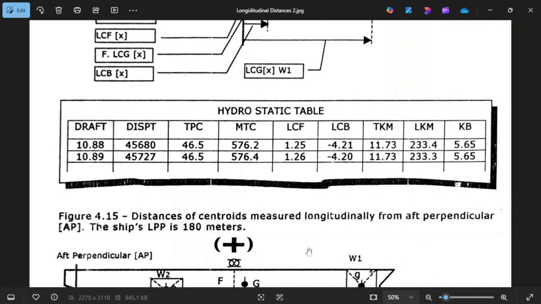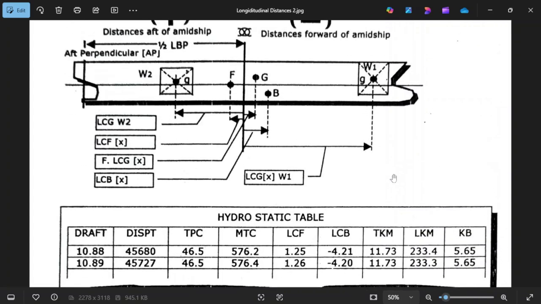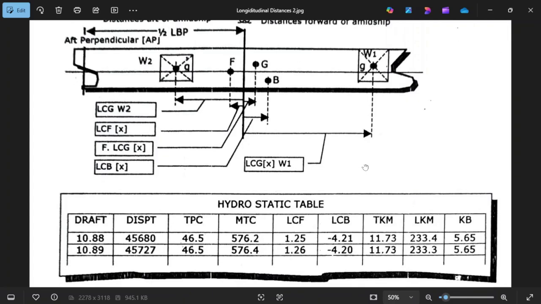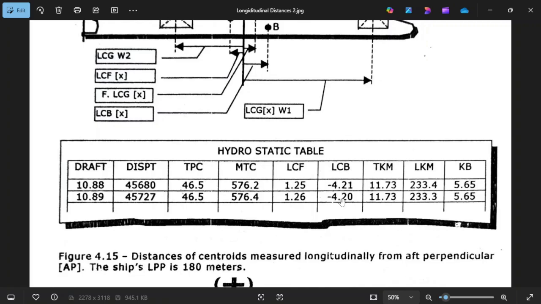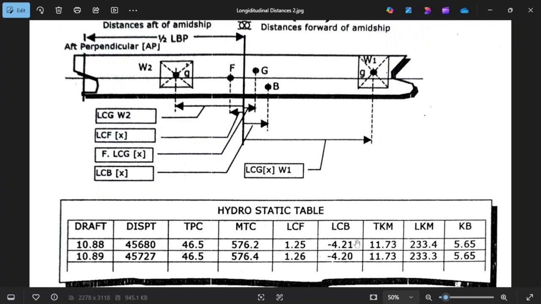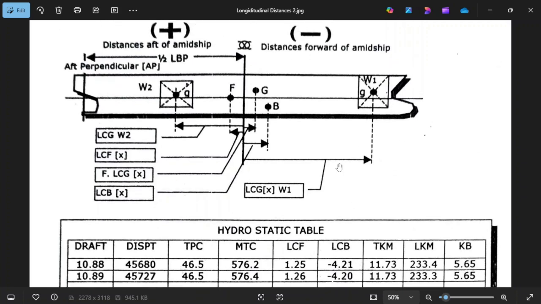While here, measured from midship going forward and midship going aft. Take note of the LCB is negative 4.21. Why? Negative meaning is when you say negative, it is the forward part. So this is LCB.